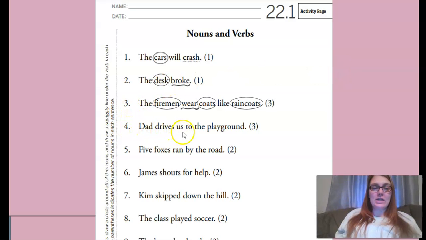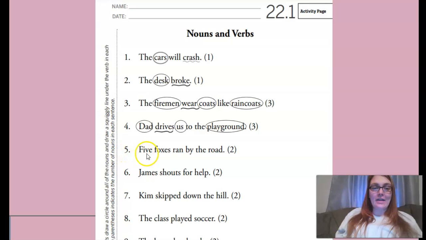Number 4, Dad drives us to the playground. 3 nouns. Again, people, places, and things. First we have Dad, that's a person. Us, another group of people. And a place is a playground. Good. And the action, Dad is driving. Dad drives. So squiggle line under drives.